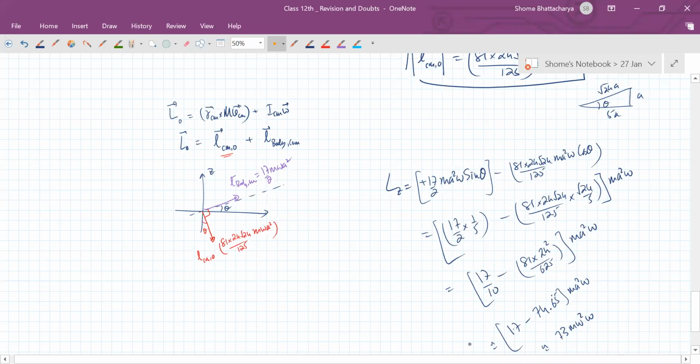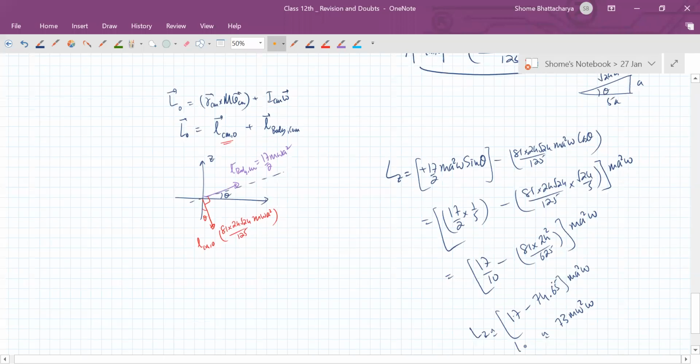This is the z component of the angular momentum. Okay, so hope this is clear, people.